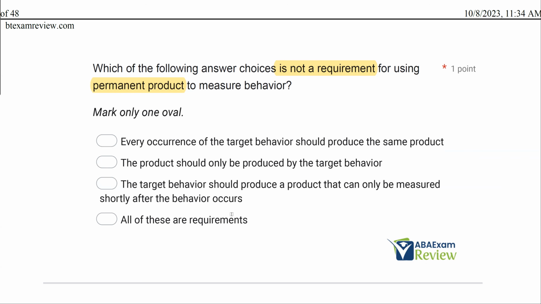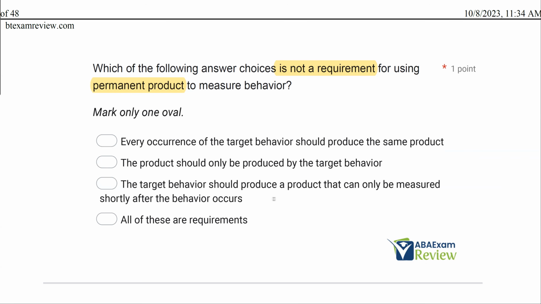And then C, the target behavior should produce a product that can only be measured shortly after the behavior occurs. Think about C. The target behavior should produce a product, yes, but that can only be measured shortly after the behavior occurs. What if you can't come and measure the permanent product until 5 hours after the behavior? C is not going to cut it.